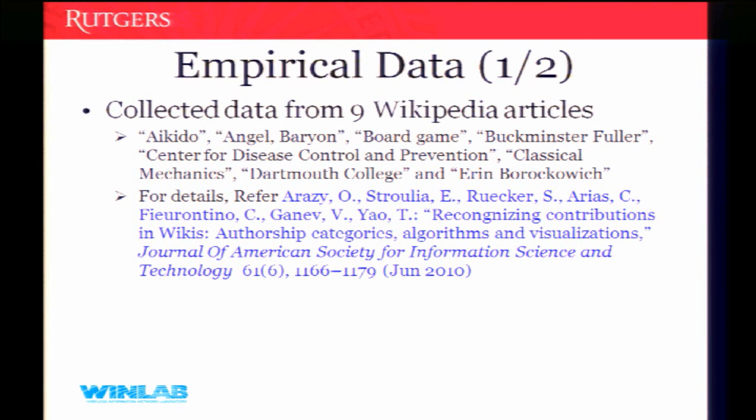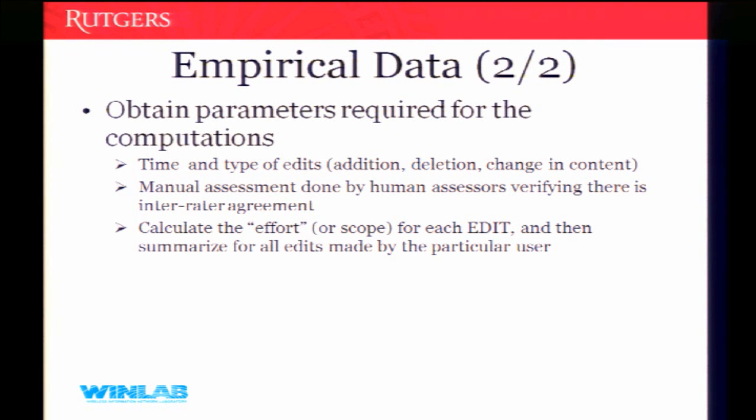In the way we pick our data, we have these things available: we look at the time and the type of each edit. And this is an entire log, right from the time the page came into existence till today.